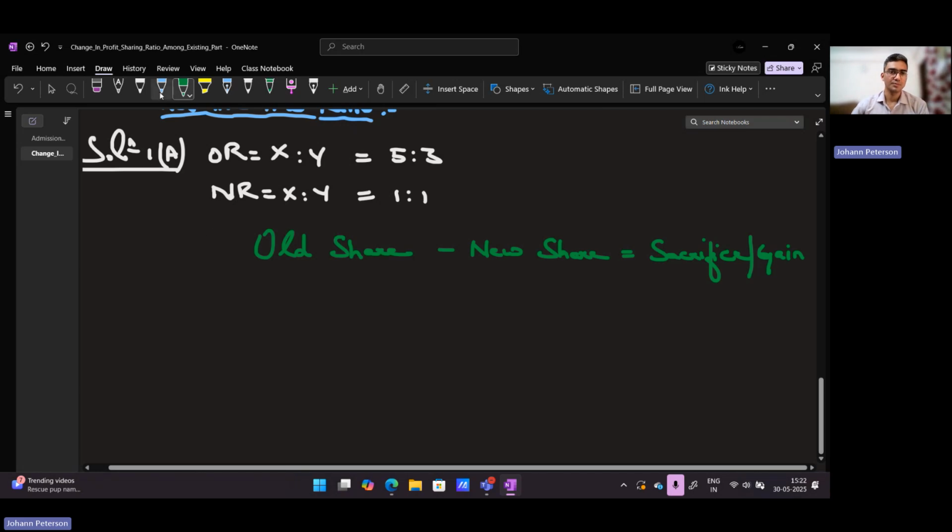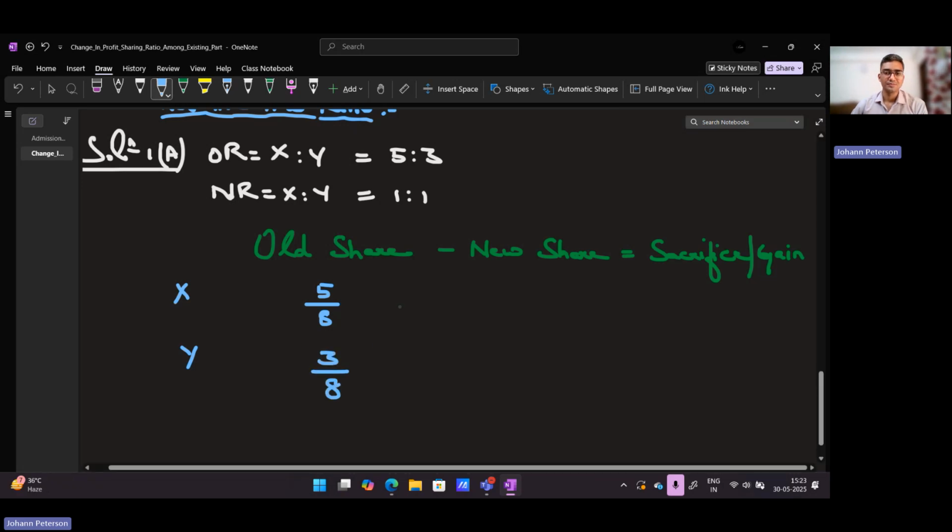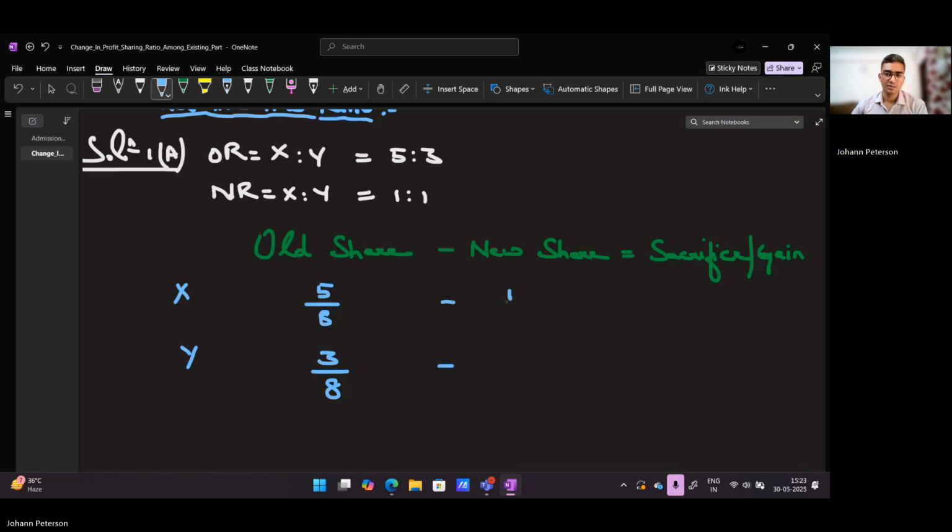We are writing for two people who are X and Y. So for X, what is their old share? X's old share is 5/8. The share which he has, which is 5, and the total share, which is 8. So 5/8. And for Y, his old share is 3/8. From this, we are going to subtract the new share. The new share is 1 upon the total, which is 2, and again 1 upon the total, which is 2.